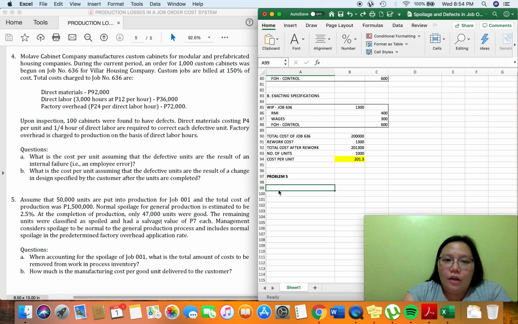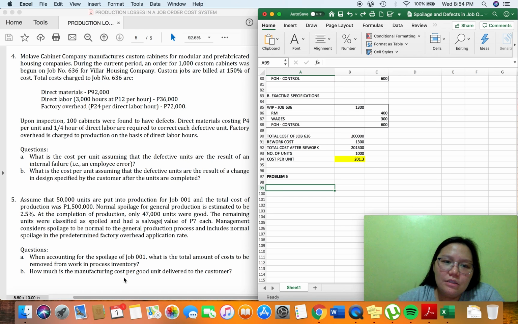So, since normal spoilage is expected in the production process, no matter how efficient you are, di ba? We include the cost of this estimated normal spoilage in the predetermined overhead rate. Basically, since meron ka nang data from the previous years, you already know what is normal for you.